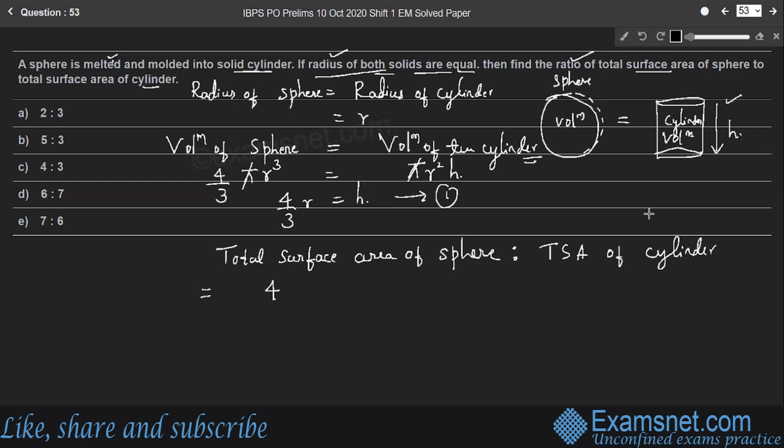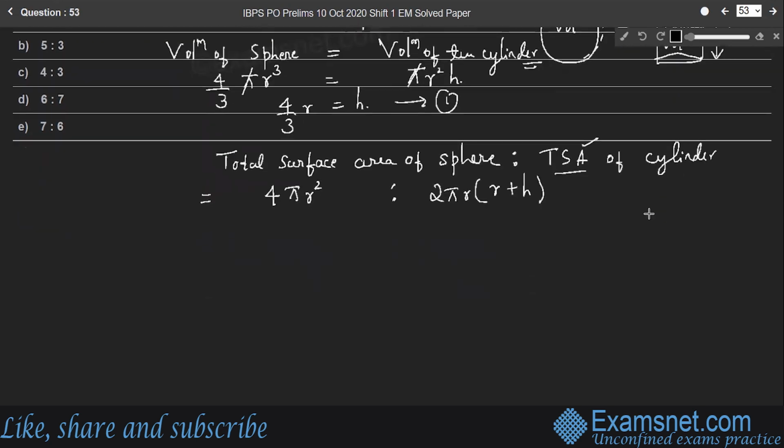It is 4πr². Is to the total surface of the cylinder, so it is 2πr(r + h). Right? So the total surface area also depends on the height of the cylinder. Now 4πr² is to 2πr(r + h), substitute the value of h. From equation 1, h is 4/3 r.